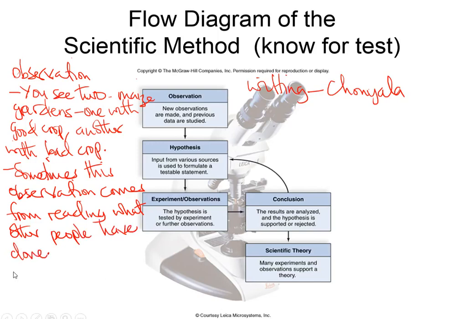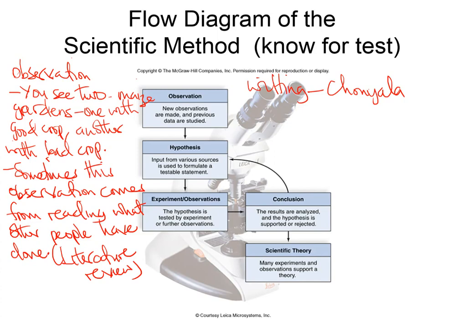We call that a literature review. So observation can come in different ways. But as scientists, normally we make observations, we go to previous studies and see what other people did. And then from there, we can say, all right, I have made an observation.